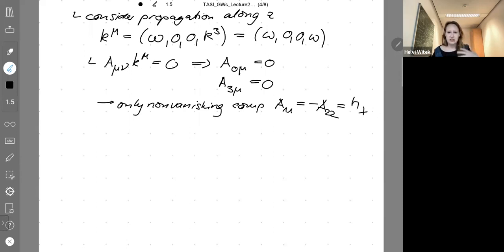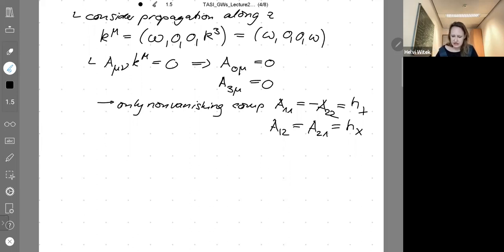So this is what we will later on refer to as the plus polarization of our gravitational waves. Now, the other non-vanishing component is A12, and because of our symmetry, this equals A21, and we will label that as H cross. This is what we will call the cross polarization of our gravitational waves.